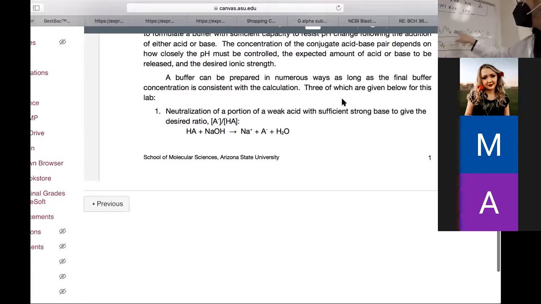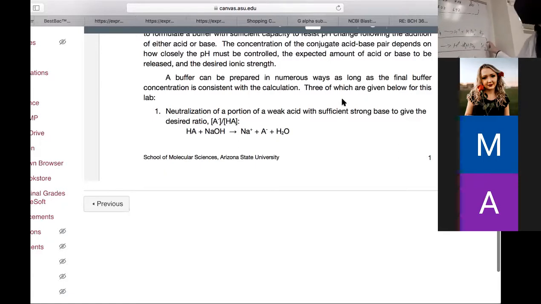After that, H2PO4 minus keeps dissociating in the solution, which gives you the second reaction: H2PO4 minus goes to proton plus HPO4 2 minus.